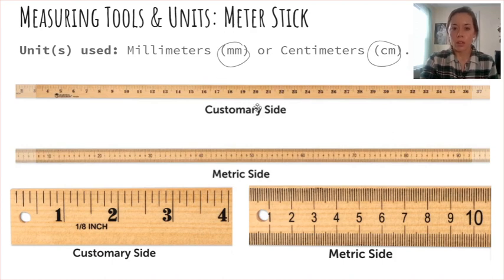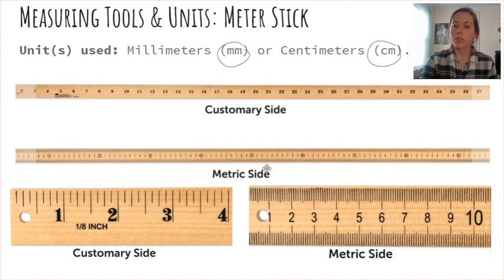The customary side of the meter stick shows the units of measurement in inches here. So you can see that it goes all the way to about 37, 38 inches, okay? And we know that the ruler goes only to 12, so the ruler would end about here. So we can tell already that the meter stick's a lot bigger than a ruler, all right?